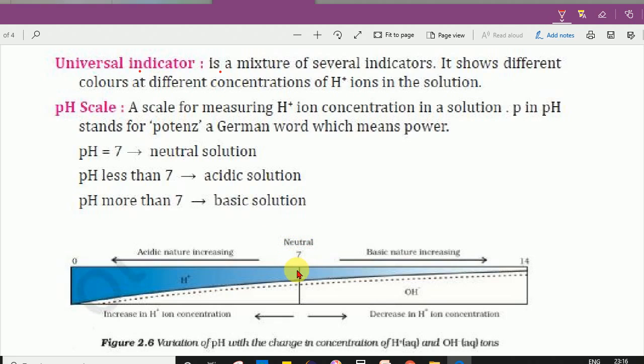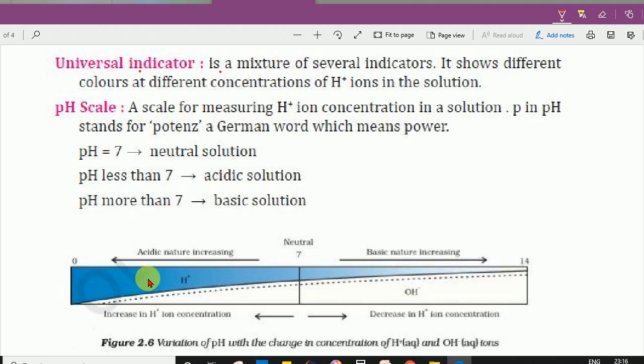In this scale, if the acidic nature of the solution is increasing, then as you can see, this blue color is indicating H ion concentration. The H ion concentration from 7 to 0, that is towards the left-hand side, is increasing.